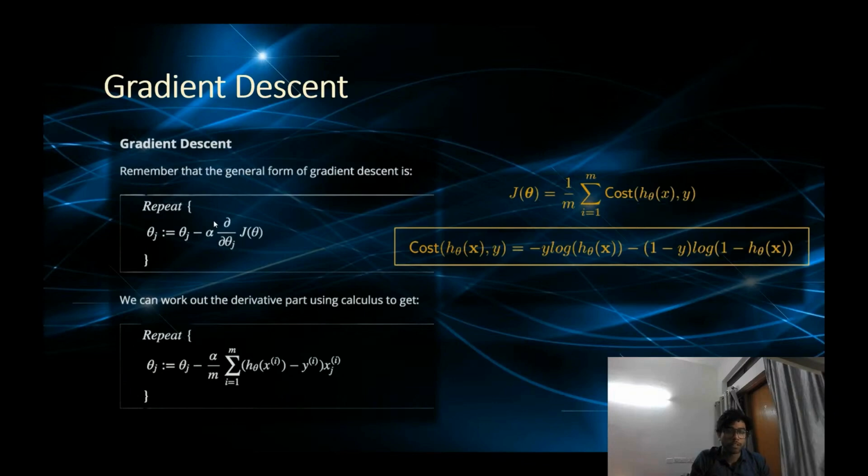And another question is, what is this alpha? Alpha is called the learning rate, right? These two questions I have answered in one of my previous videos, but I will just quickly explain them again. How do you know whether your theta has come to a minimum?